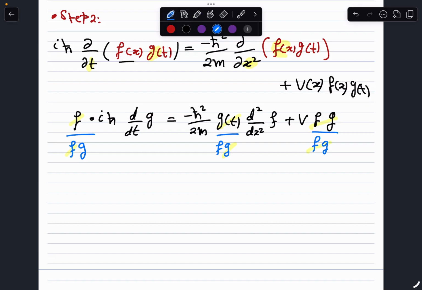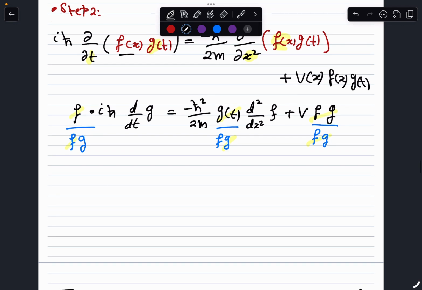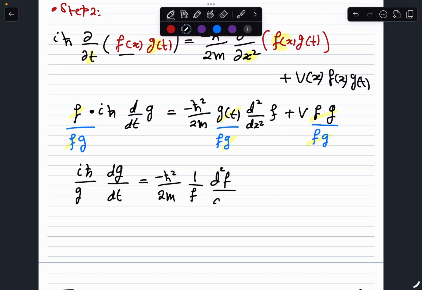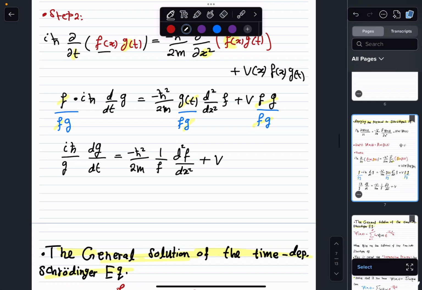So the equation simplifies to: i h bar times 1 over g, dg over dt, is equal to minus h bar squared over 2m times 1 over f, the second derivative of f with respect to x, plus the potential.